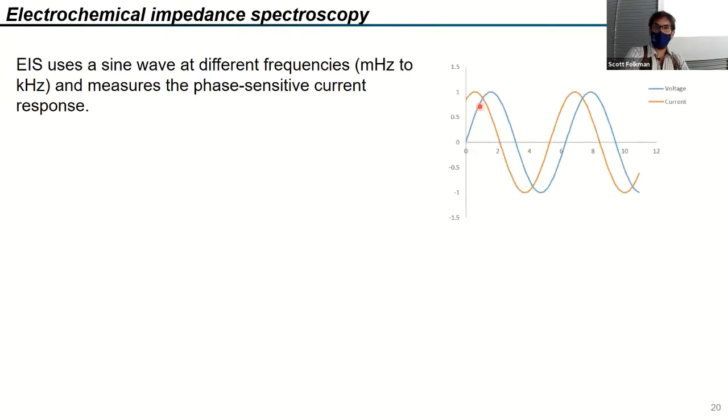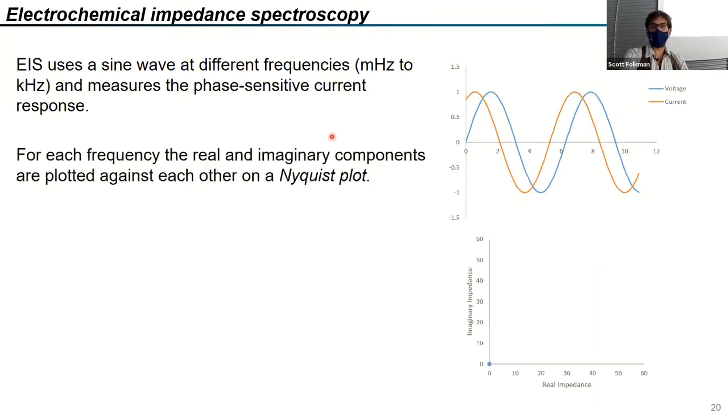So if we have some voltage perturbation occurring here at some frequency, there could be a phase-sensitive current delay that occurs. And so for each frequency, we plot the imaginary and the real impedance components. So when we see an impedance plot, we're actually looking at a projection with the z-axis being the frequency. We're looking at the projection onto the complex plane.